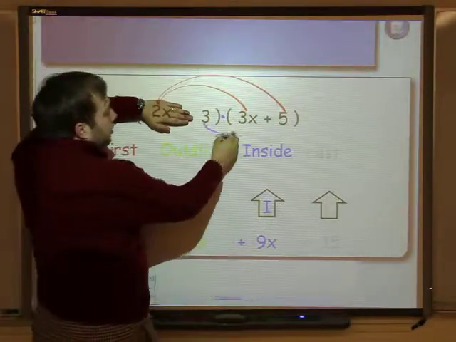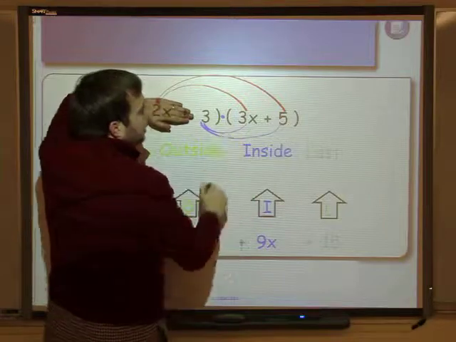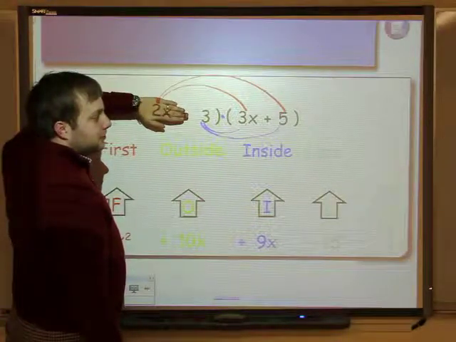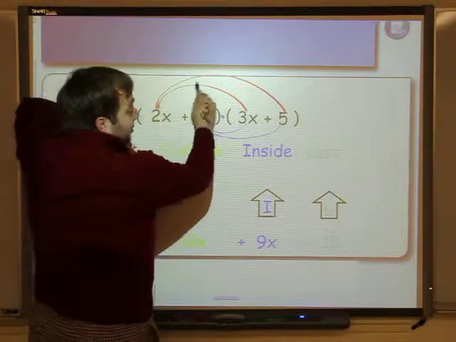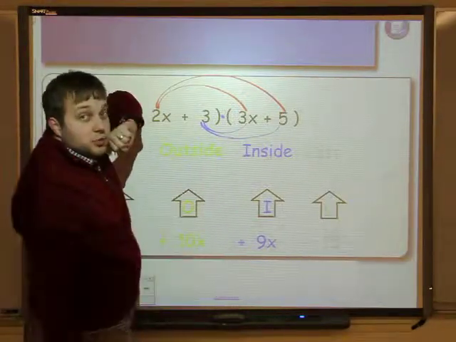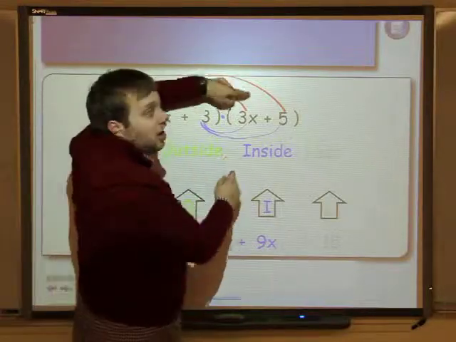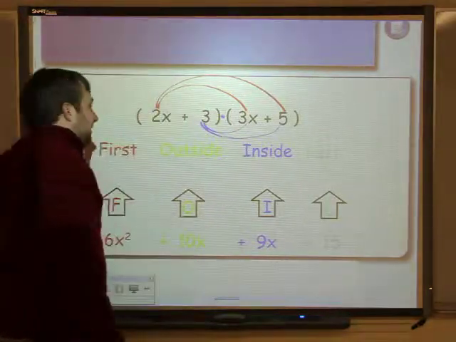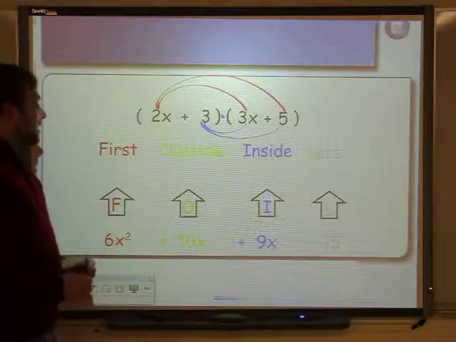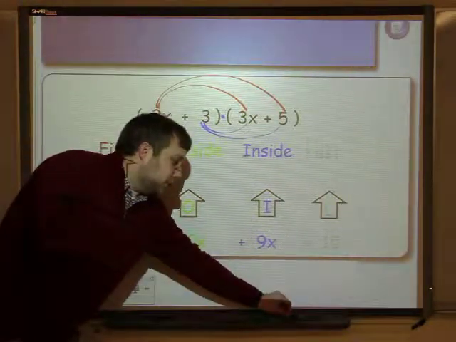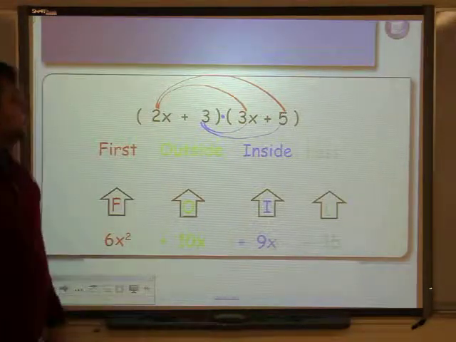Well, you would multiply the 3 to both. You guys see this little crescent thing? That's what you're going to want to see whenever you're doing foiling. So make sure you see that little croissant. Alright? Okay, let's go. So, that's why we call it first, outside, inside, last.